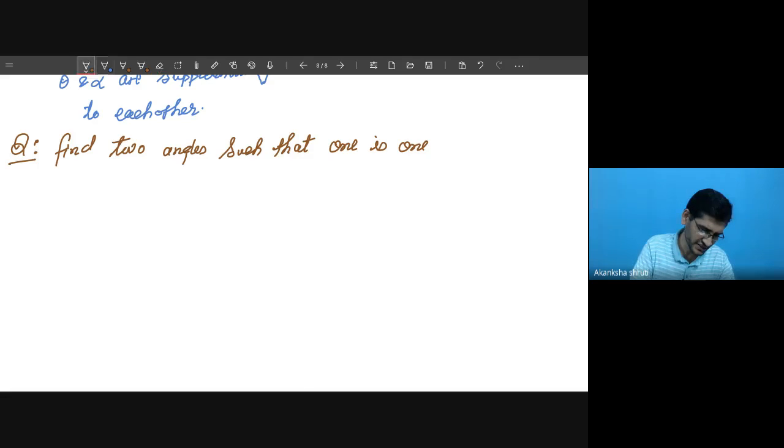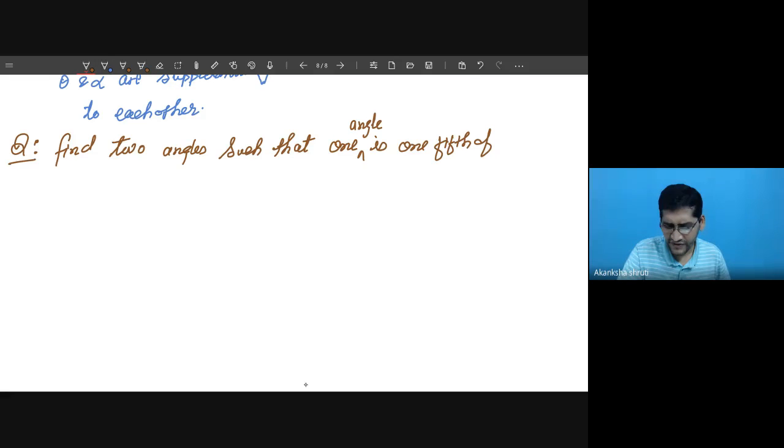Such that one angle is, sorry, one angle is 1/5 of its supplementary angle. Quickly, students, please find it.